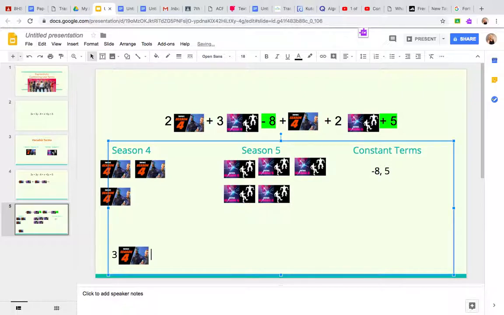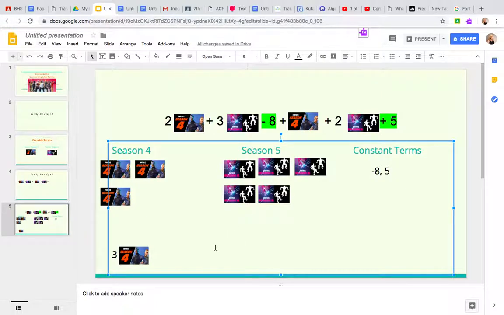Now that I have calculated those terms, okay, I'm moving on to season 5. And I need to count how many battle passes I have for that season. So I have 1, 2, 3, 4, 5. Okay? I have 5 of them, so I know that that's going to be a positive number since I have battle passes.